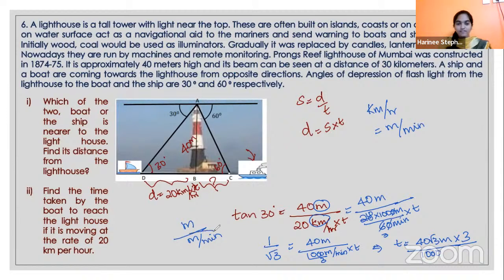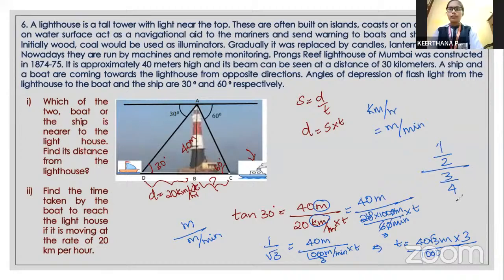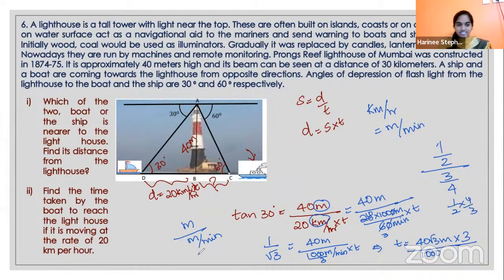What do you do when you have a fraction in the denominator, children? How do you simplify it? Suppose 1 by 2 upon 3 by 4. How do you simplify it? What happened? By reciprocal. Yes, correct. So 1 by 2 into 4 by 3 you will do, right? Similarly, units also you should treat in the same way.